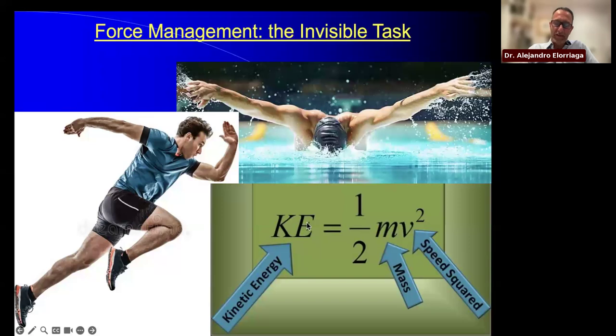So that kinetic energy follows the same principles as any other form of energy in the known universe, and that is, according to the first principle of thermodynamics, energy cannot be created and cannot be destroyed, it can only be transformed. The first principle of thermodynamics is the principle of conservation of energy, and nothing in our known universe escapes this law.